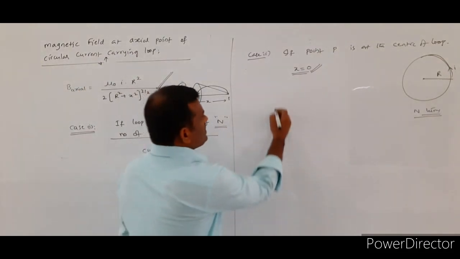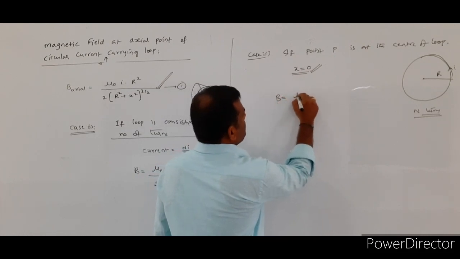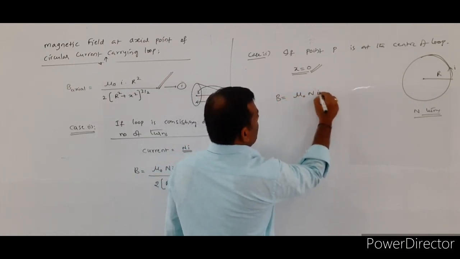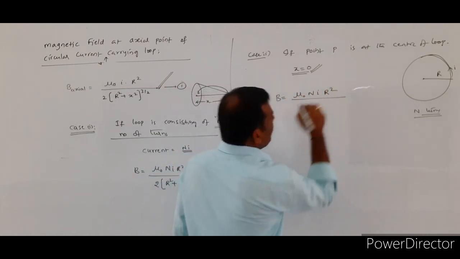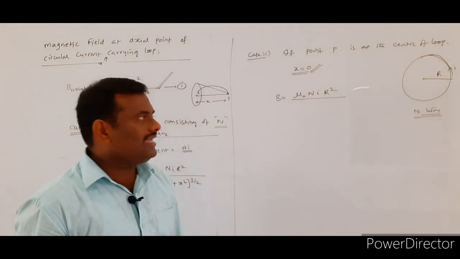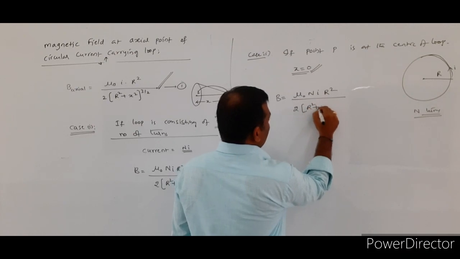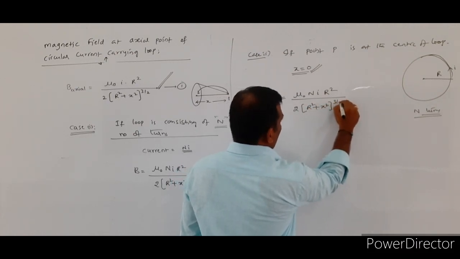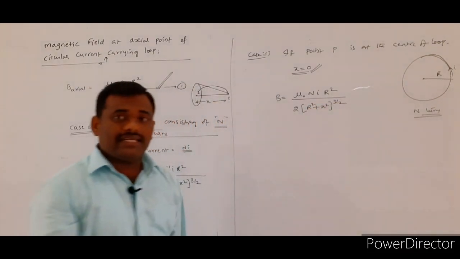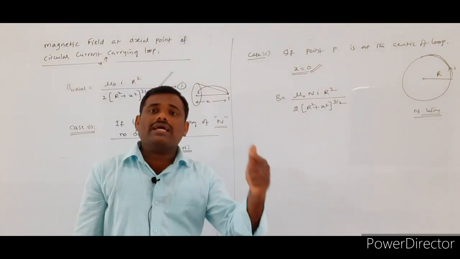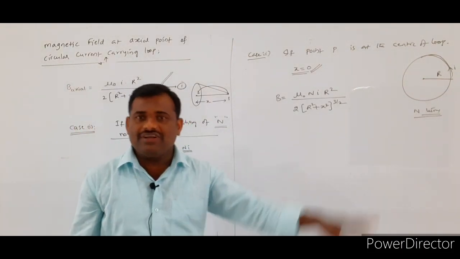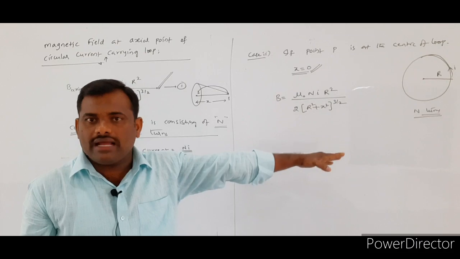What is the general equation for N number of loops? B is equal to mu naught N I R square by 2 into R square plus x square whole power 3 by 2. So this is the general expression when the circular current carrying loop consists of N number of turns.